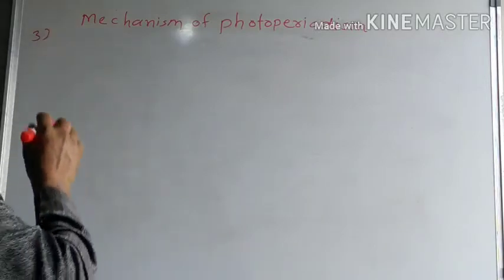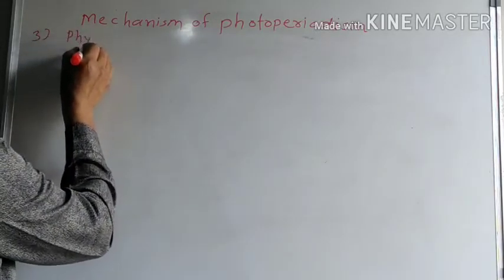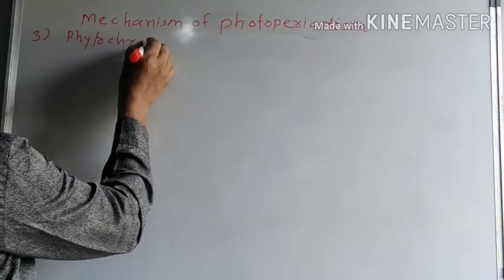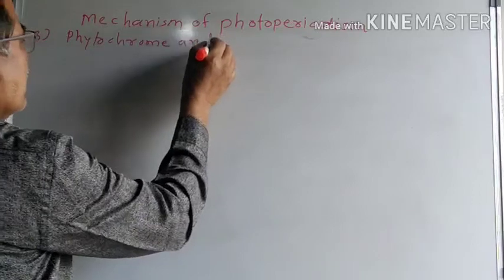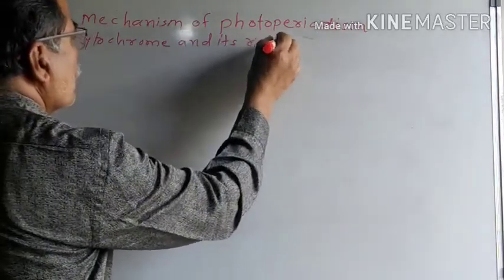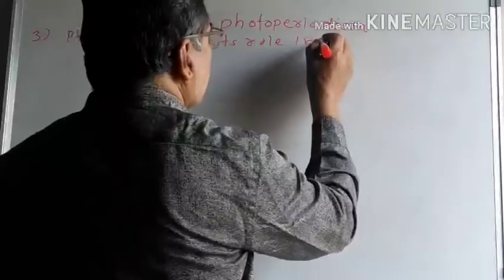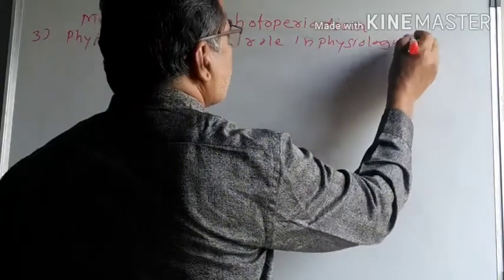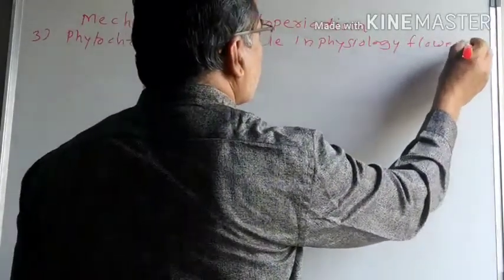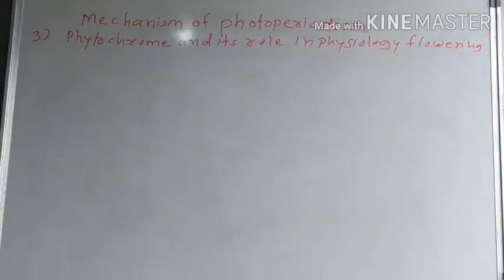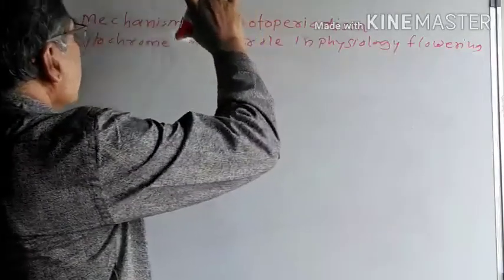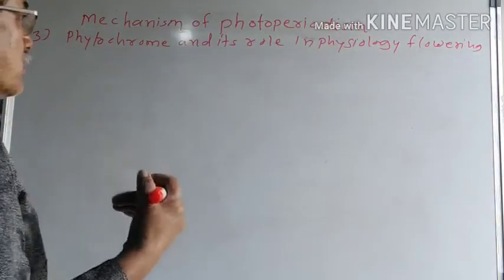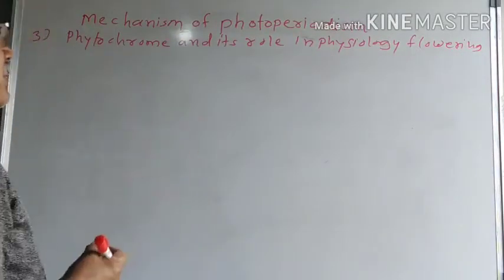Here, the third step is phytochrome and its role in the physiology of flowering. Plants are subjected to the correct photoperiod.